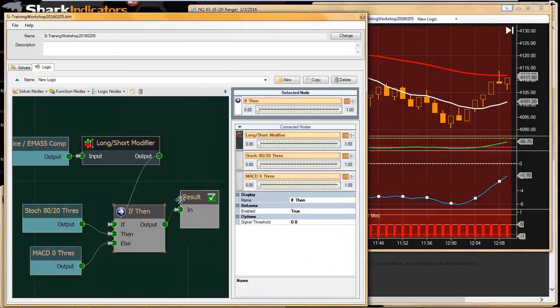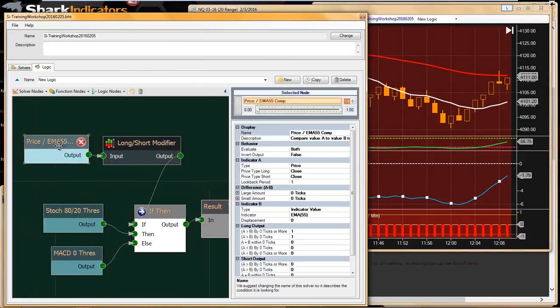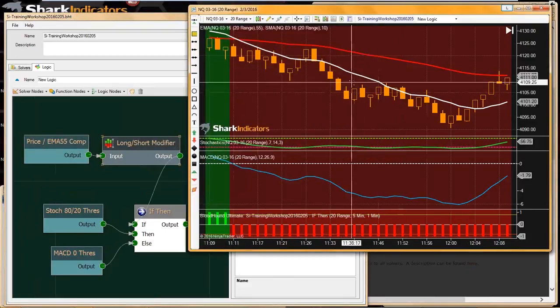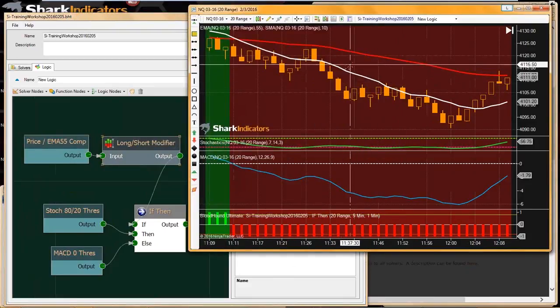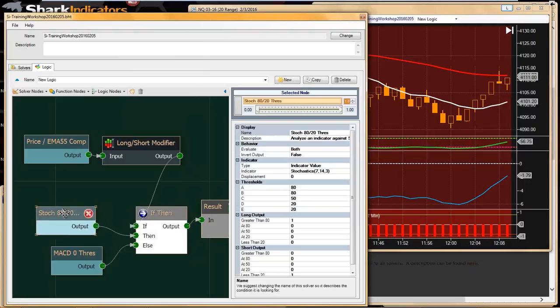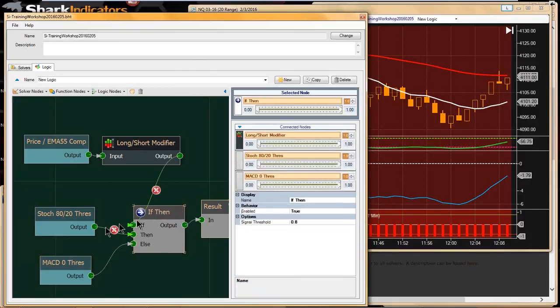So that's the common use for this if-then: somebody has a set of logic that determines whether they're in a long trending state or a short trending state, and then they have two separate sets of signal logic that the if-then will control which actually gets through to the output.